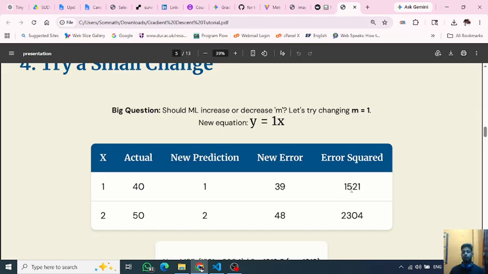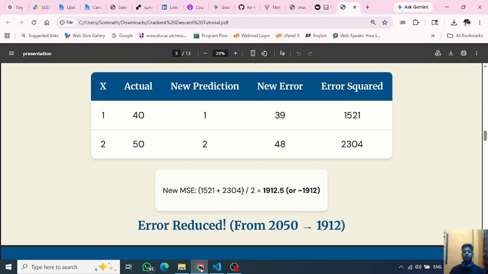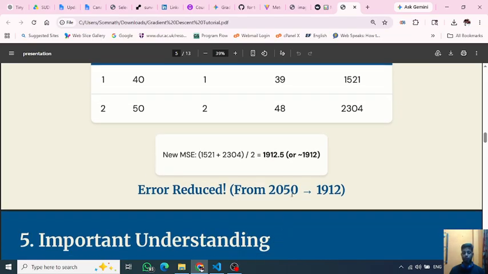The errors squared give the new MSE of around 1912. So the error reduced from 2050 to 1912. As we changed the value of m to 1, the error also reduced.